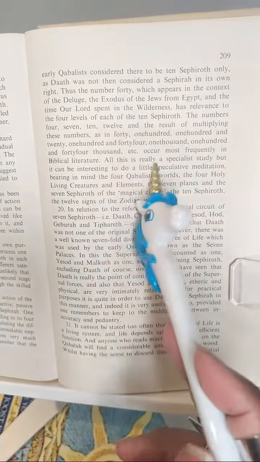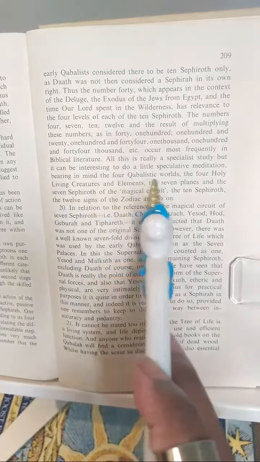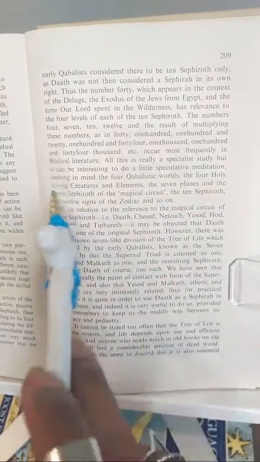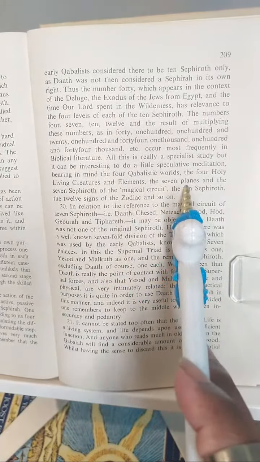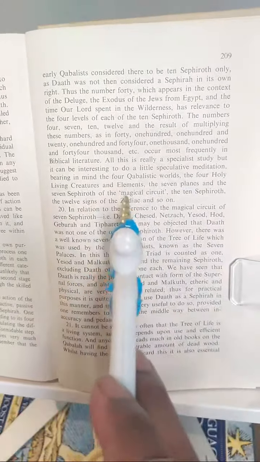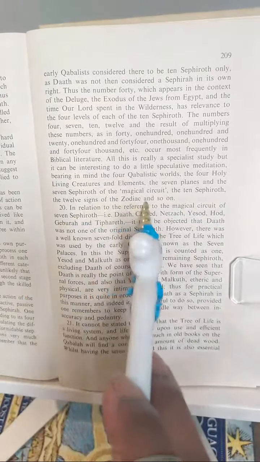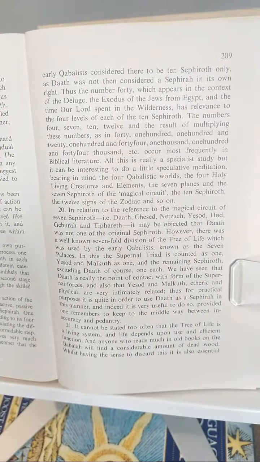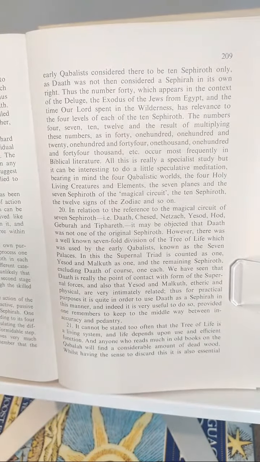All this is really a specialist study, but it can be interesting to do a little speculative meditation, bearing in mind the 4 Kabbalistic worlds, the 4 holy living creatures and the elements, the 7 planes, and the 7 Sephirah of the magical circuit, the 10 Sephirah, and the 12 signs of the zodiac, and so on. That's how you break down that biblical numerology, because now you know about Kabbalah.